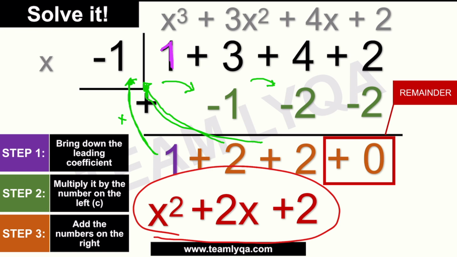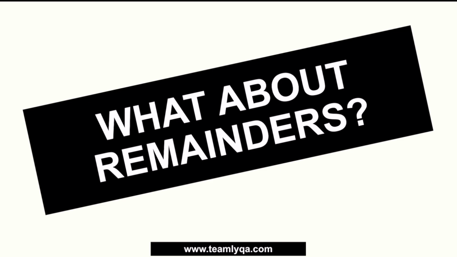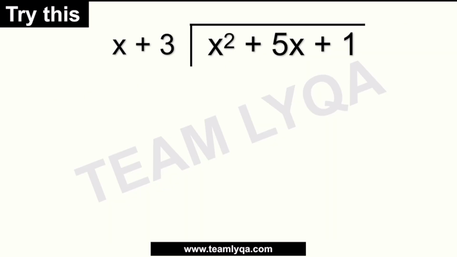Okay? Now, paano naman kung may remainder? Solve natin ito. Okay? So para mas matest tayo, sisimulan natin sa ganitong itsura ng equation. Okay. Now, una natin gagawin, di ba, would be to write it or to set it up for synthetic division. So, how do we do that? Solve natin muna yung x plus 3.